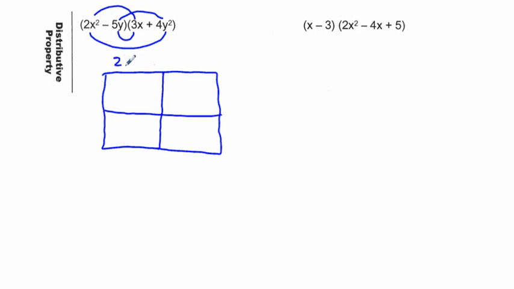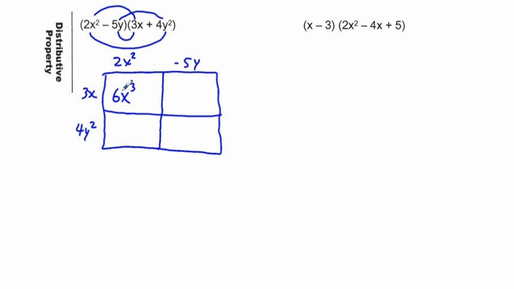So if we multiply 2x squared minus 5y, and on the left side here we're going to put 3x and 4y squared, and just multiply where they intersect here. So 3x times 2x squared is going to be 6x cubed.